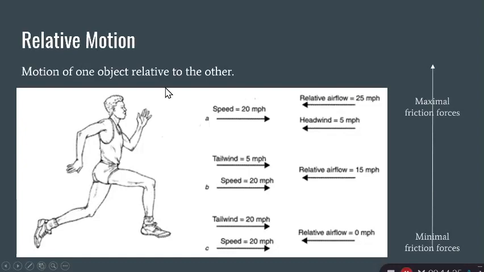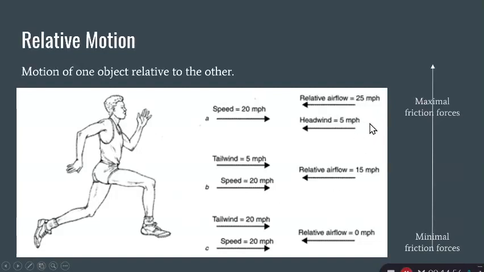So the amount of force that we can push to propel us to the right here, combined with any other forces pushing behind us, such as a tailwind, might be counteracted by airflow going in the opposite direction.